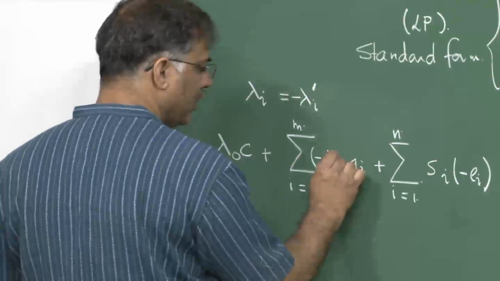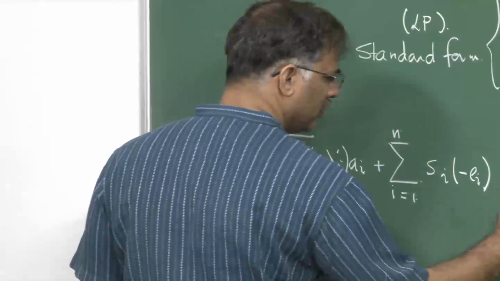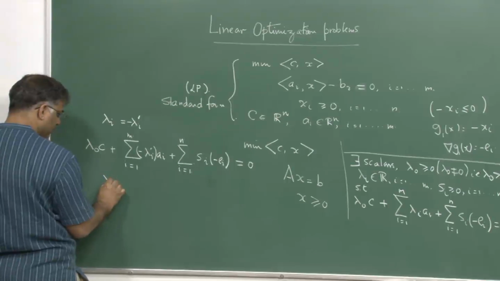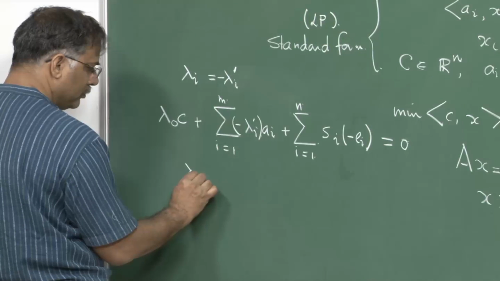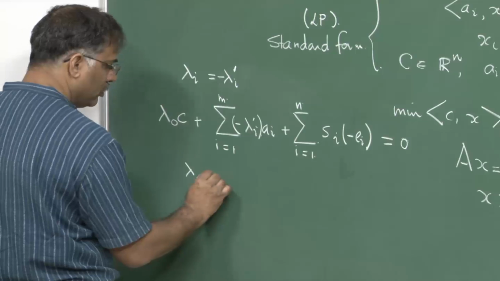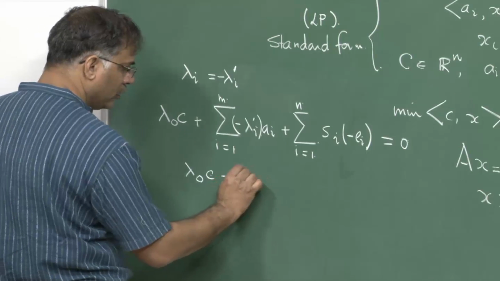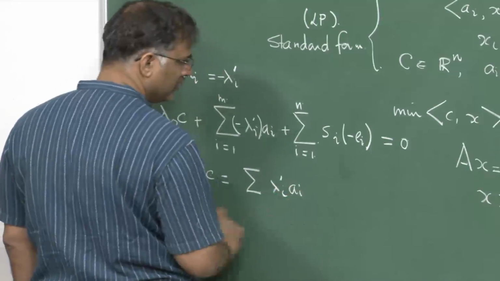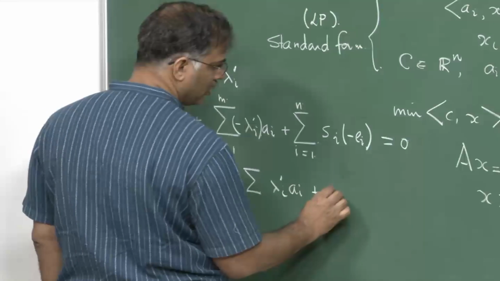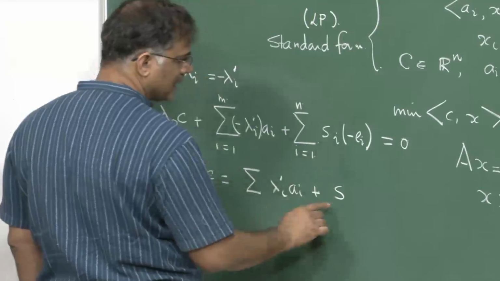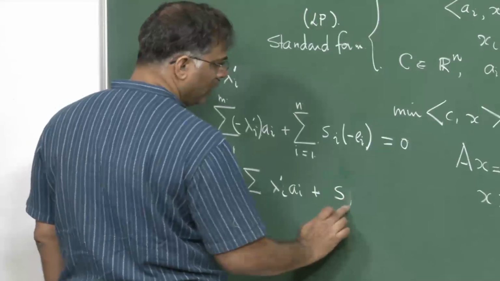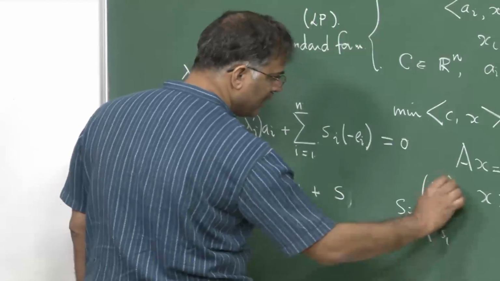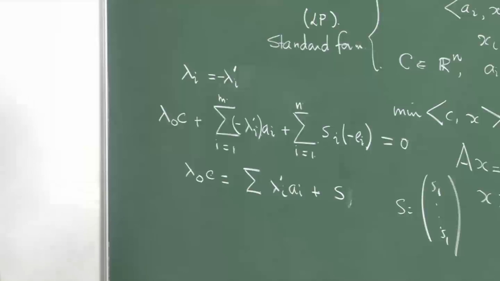So, it will become minus lambda I dash. So, Si Ei will finally give me the vector S. So, lambda naught C is equal to summation lambda I dash AI plus Si Ei's, which will combine to give me the vector S, where S is nothing but S1, S2, up to Sn, because each Ei is 1, 0, 0, 0, 0, 1, all those things. So, this is what I have.